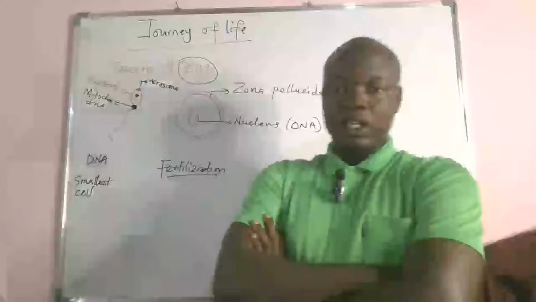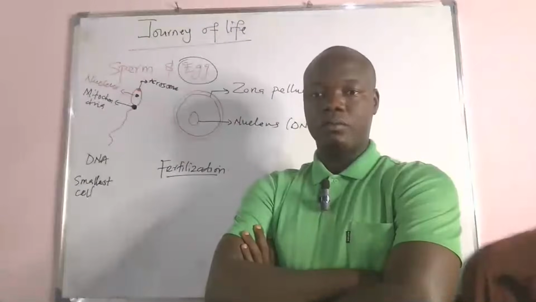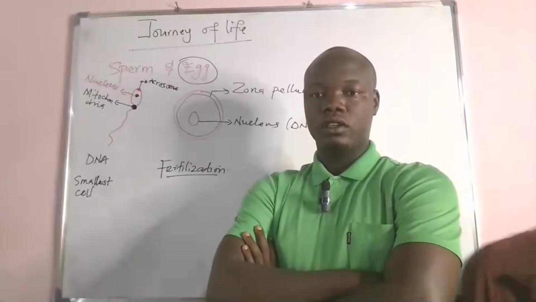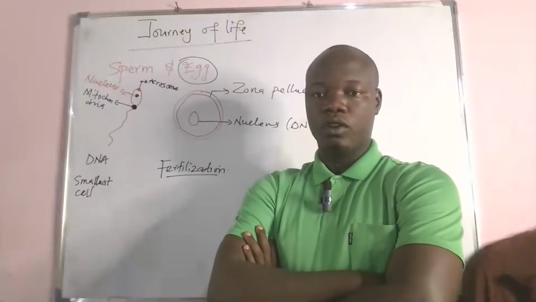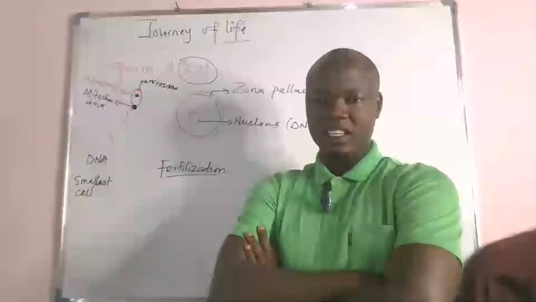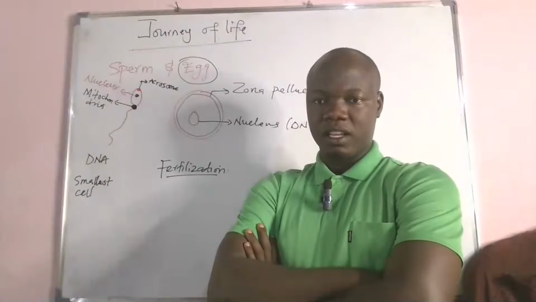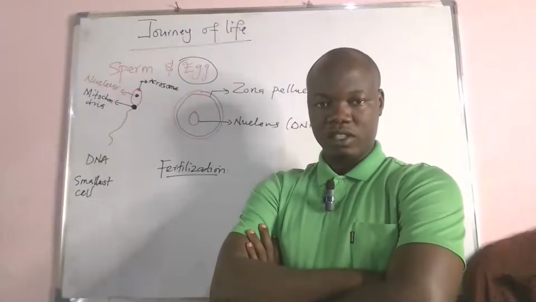So someone said fertilization is a fusion of male sex cell sperm and the female sex cells. No, that is not correct. Then Adila said fertilization is a meeting of sperm and the egg cells to form a zygote. That was also wrong.